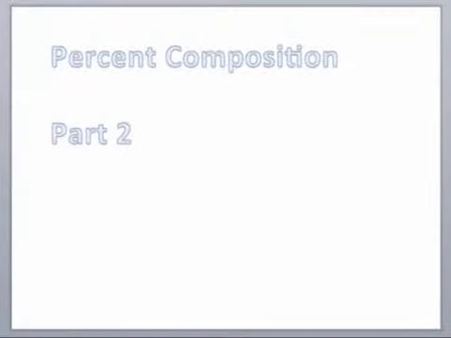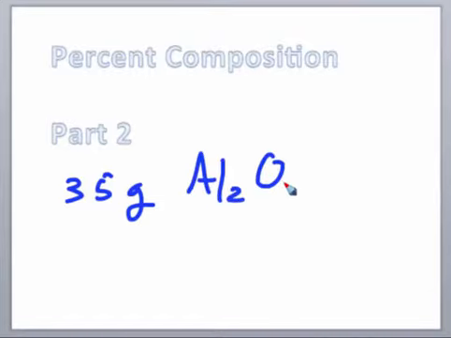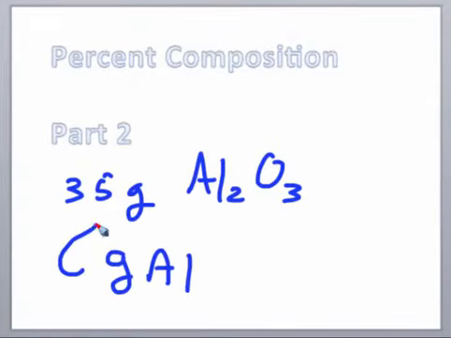Okay, what we're going to do now is talk about how we apply this idea of percent composition to some other types of problems. So for example, let's say you had 35 grams of aluminum oxide. What we would want to know is how many grams of aluminum we could extract from that 35 gram sample.